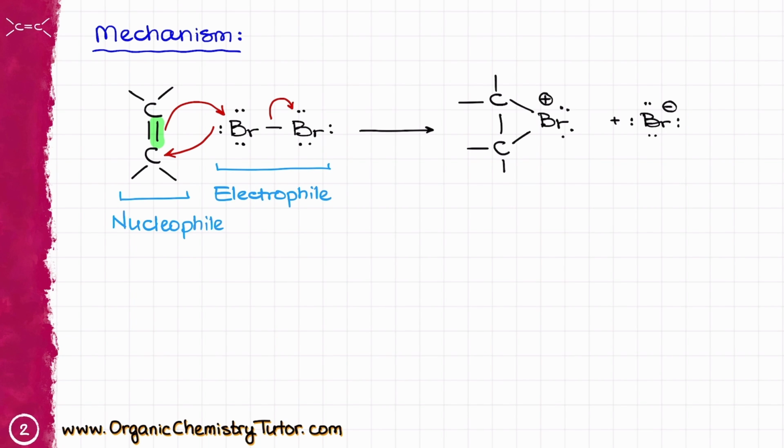Those electrons are now making a bond between one of the carbons and the bromine. The electrons that used to be between my bromines are now one of the electron pairs on my Br-, and the electrons that I had on my bromine that was attacking my double bond, those electrons are now on this bond connecting bromine to another carbon atom.